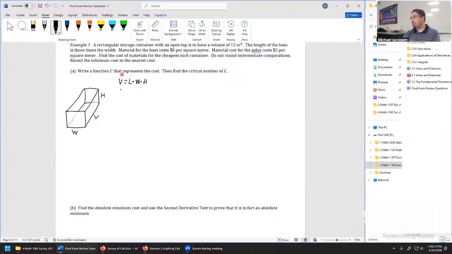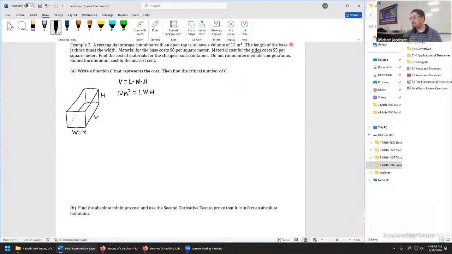So now we know that 12 cubic meters is length times width times height. This doesn't give us much to use with calculus because we still haven't put down a variable we can work with. I mean, that's 3 variables. Here's our next thing we can do. Go back to this line where it said the length of the base.